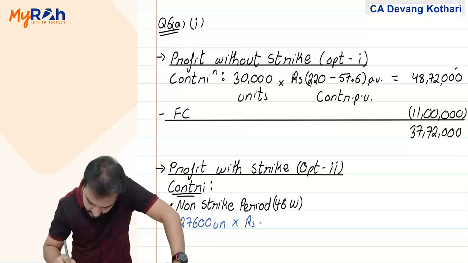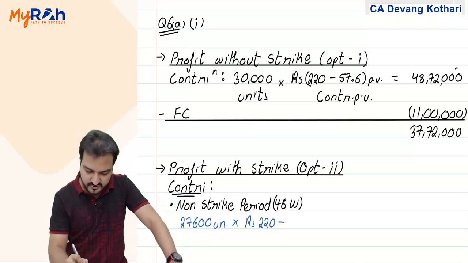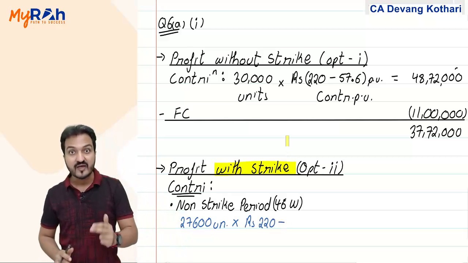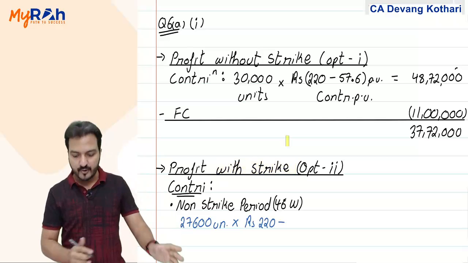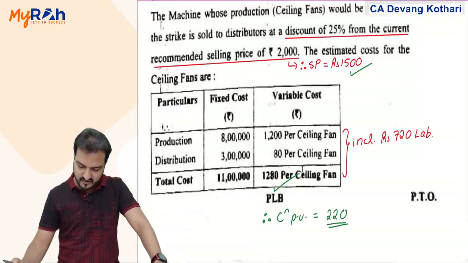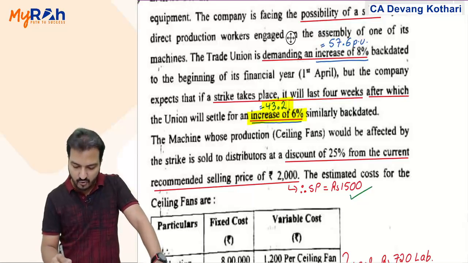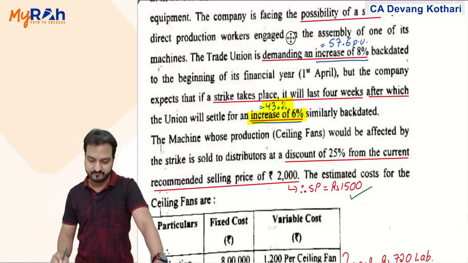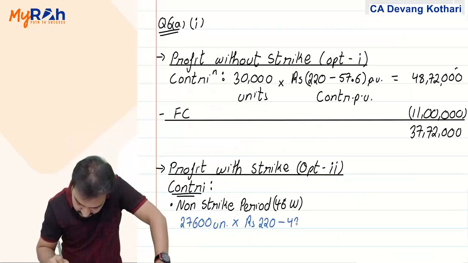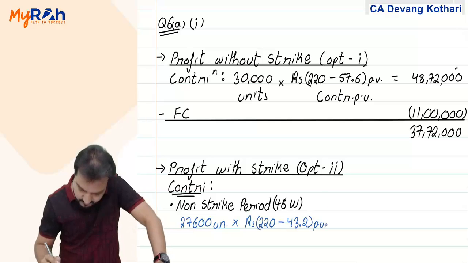On which I get contribution 220 minus... look, in case of option 2, if strike will happen, then after the strike, do I need to pay them 57.6 per unit extra? No. If strike will happen, then after the strike they will settle for only 6% increase. I need to pay only 43.2 per unit extra, so only that much contribution will decrease.